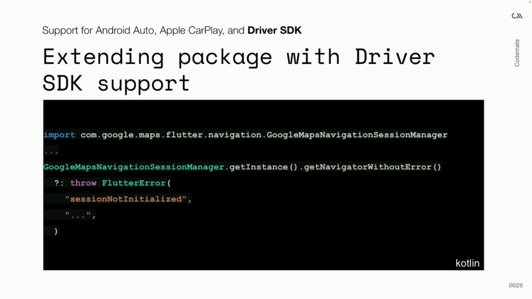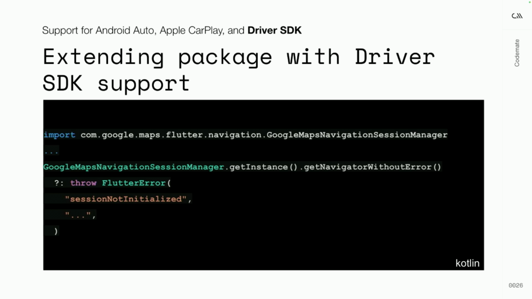On Android Kotlin code, you just import the package from another Flutter package and it's available if it's made public, and you can control that over there. Really simple and really easy to use, but you have to have separately exposed methods to allow this.